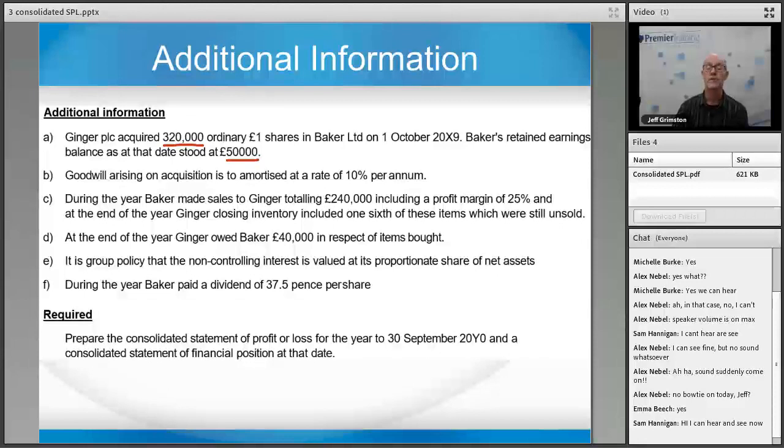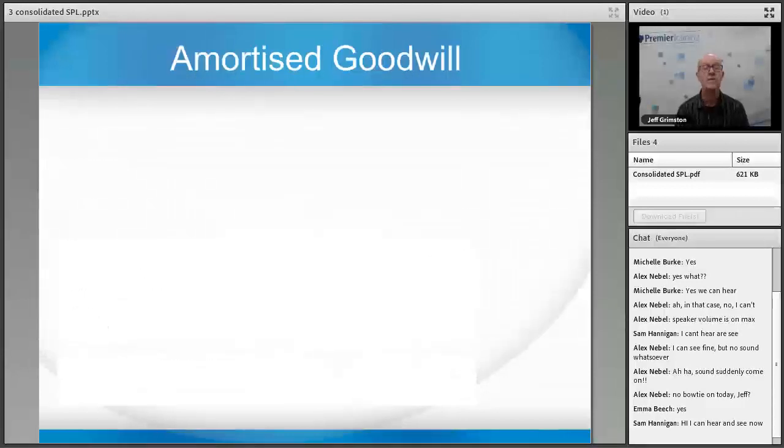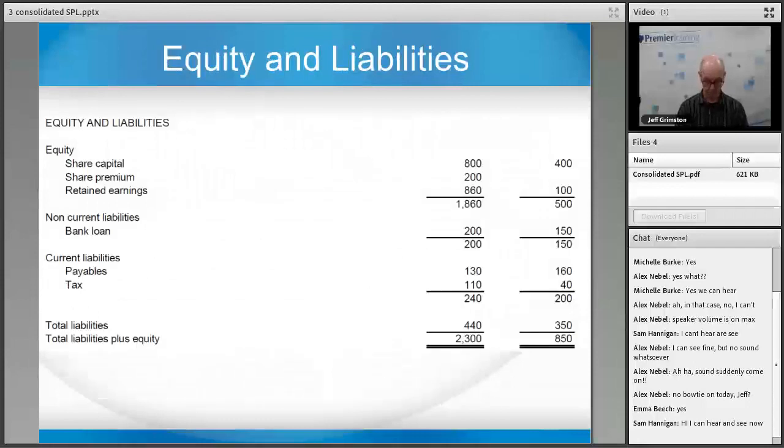You'll recall from the first session, the way we measure the value of a company is we add up the company's equity. That's the quick way of working out the difference between its assets and its liabilities. So we've bought 320,000 shares, and another element there is that the retained earnings stood at 50,000. If we now look at the equity and liabilities of Baker.